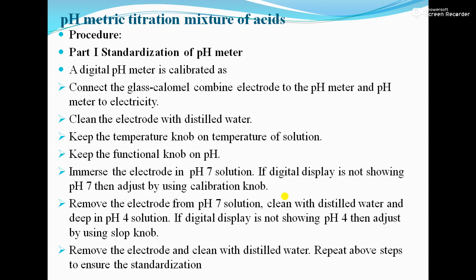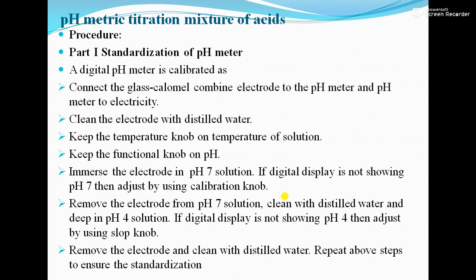Clean the electrode with distilled water. We have to clean the electrode which was previously used in the last experiment or last batch with distilled water. Then keep the temperature knob at the temperature of the solution, which we are going to keep at 25 degrees Celsius. Then keep the functional knob on pH.